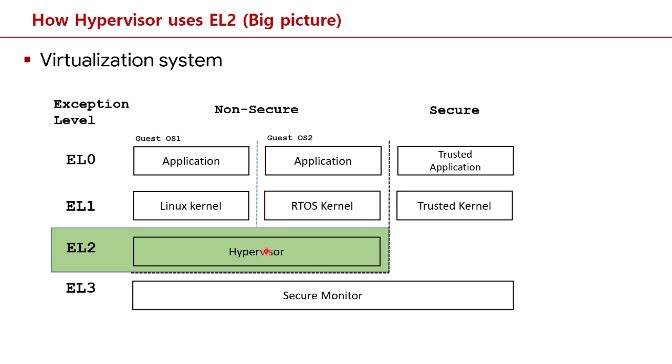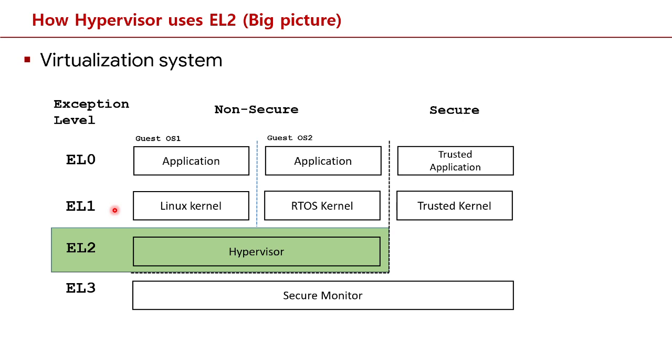So the role of the hypervisor is to manage the hardware resources that are used by each guest OS. For this reason, the hypervisor should be running at exception level 2, where exception level 2 has a higher privilege level than exception level 1.